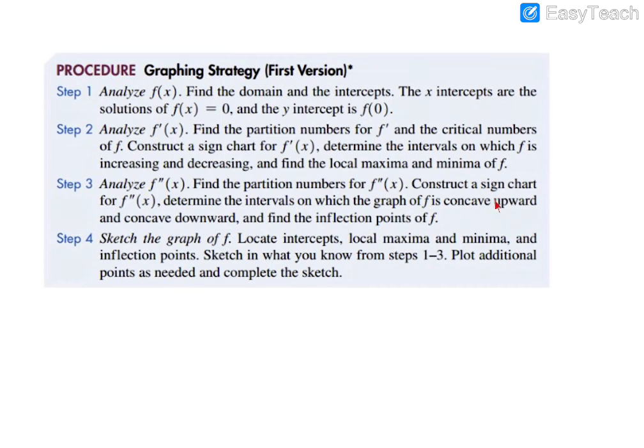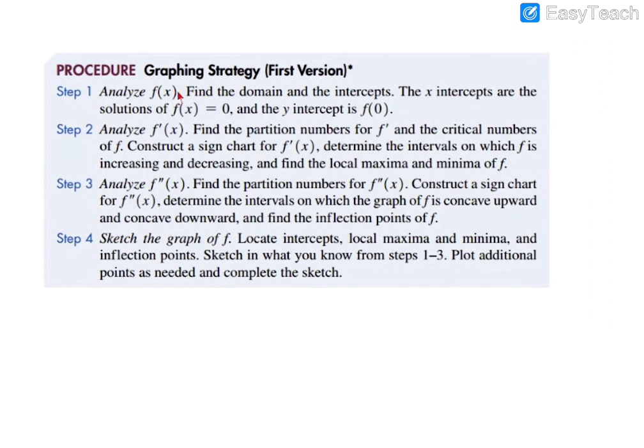By constructing a sign chart of f double prime, you should determine the intervals on which the graph of f is concave upward and concave downward. You can determine the point where the concavity changes. This is called an inflection point, so you should determine the inflection points of f.